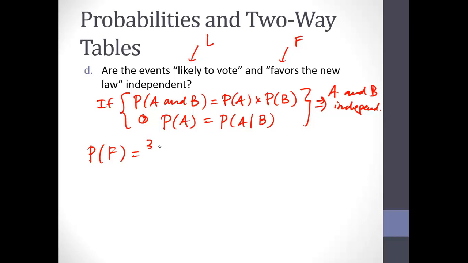That's equal to 372 plus 151 divided by 1,000, which is 523 out of 1,000, or 0.523. So I'm doing the second one first because of what we just calculated on the previous page.